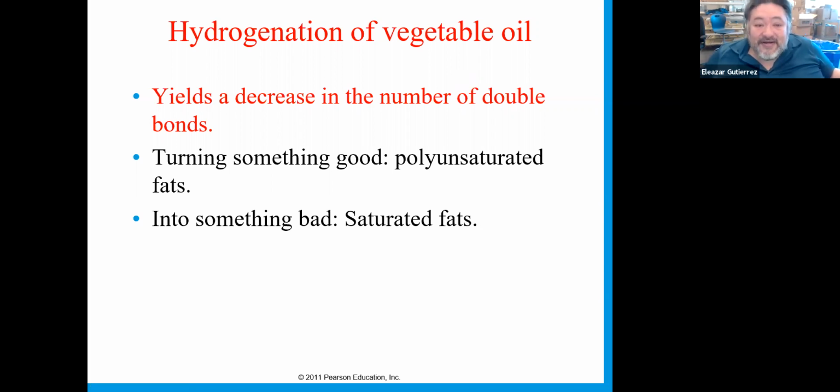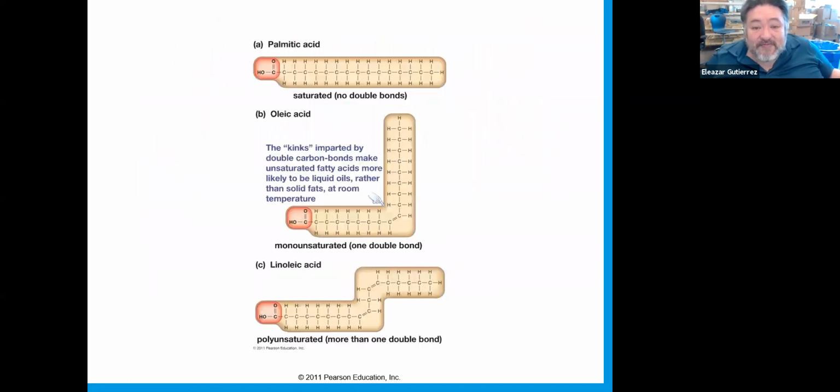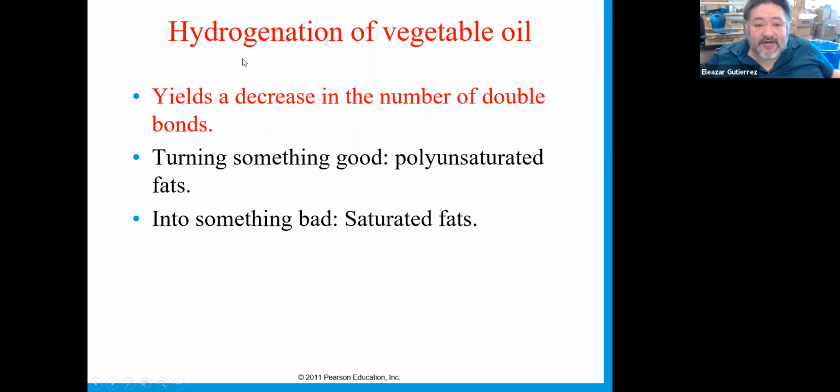No, you're buying terrible stuff. You're buying what you're not supposed to be buying. So this is false advertisement, okay? So the hydrogenation of vegetable oil yields a decrease in the number of double bonds, turning something good, polyunsaturated fats, into something bad, saturated fats. Nice, huh?